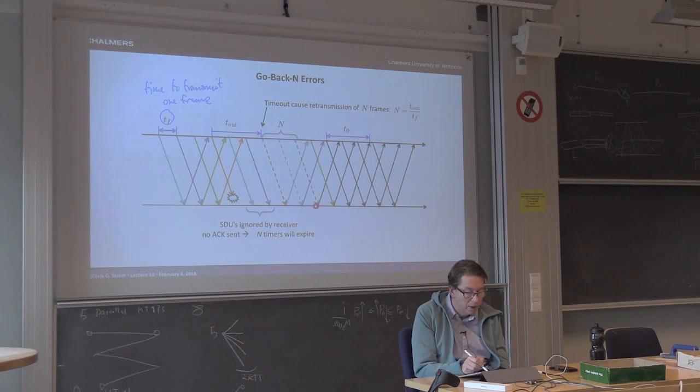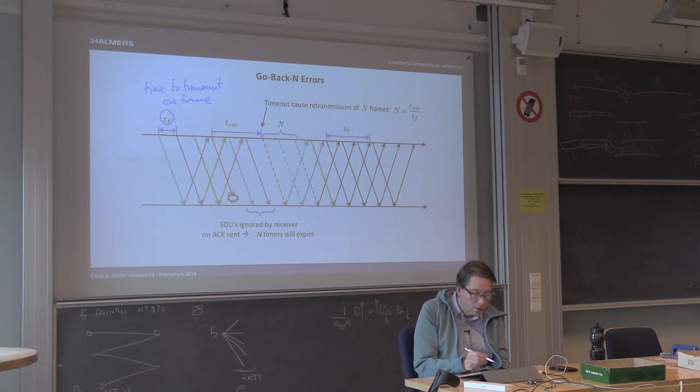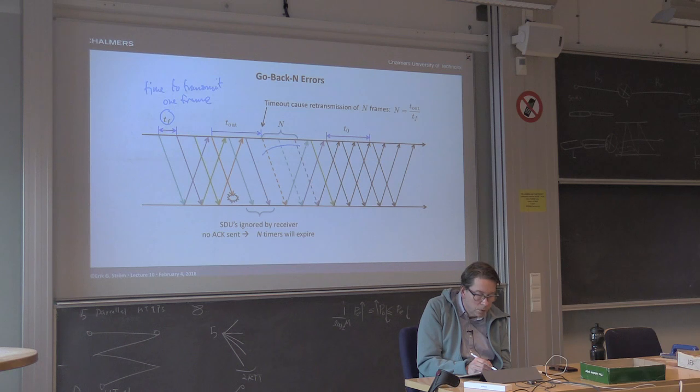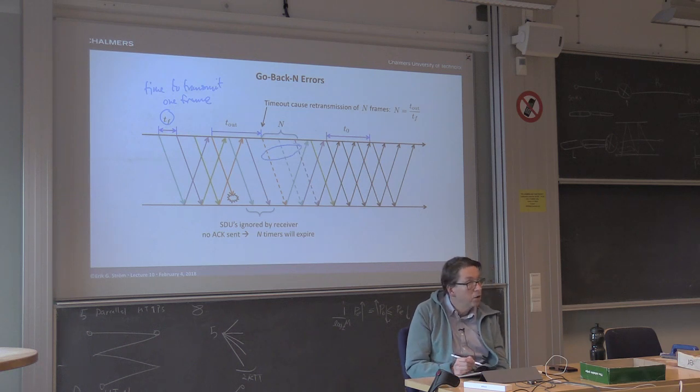The purple one is on its way, and it arrives here. We see that those frames here, which are dashed, are all retransmissions. They have already been transmitted once, but they have not been acknowledged by the receiver.